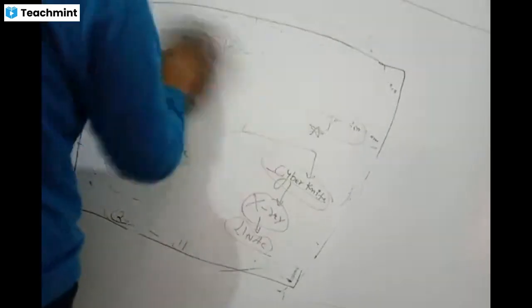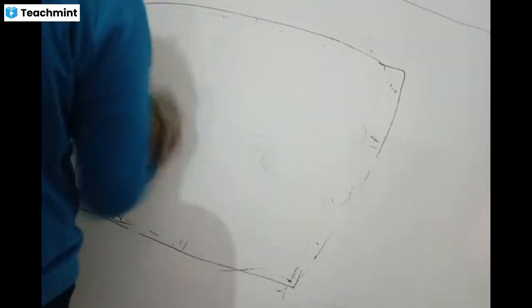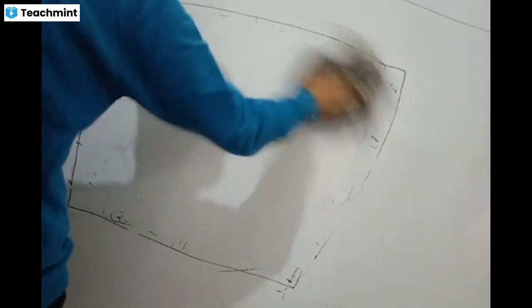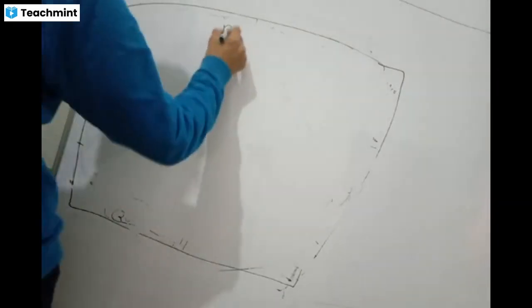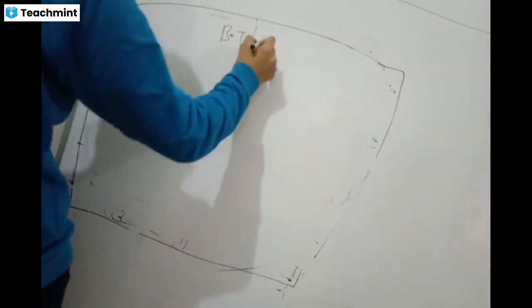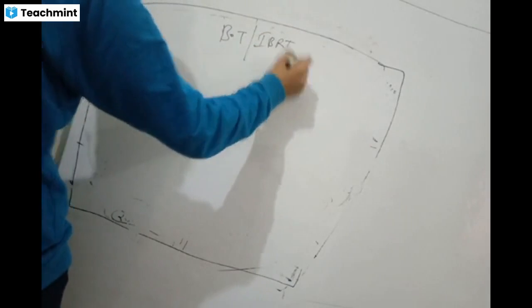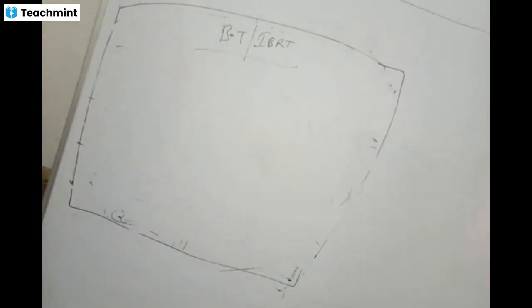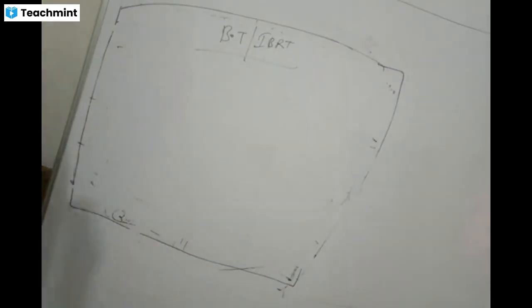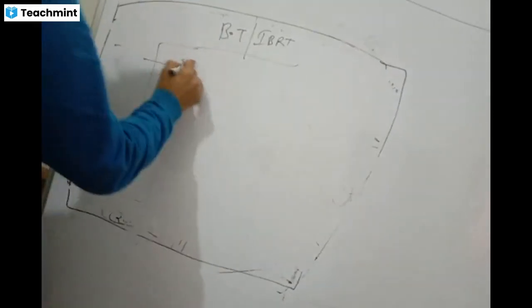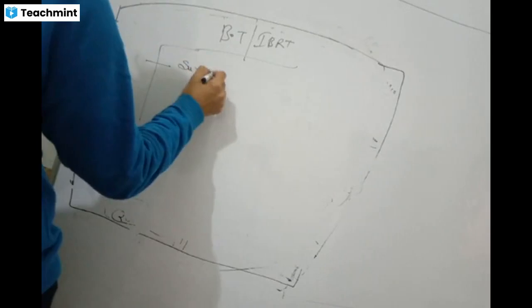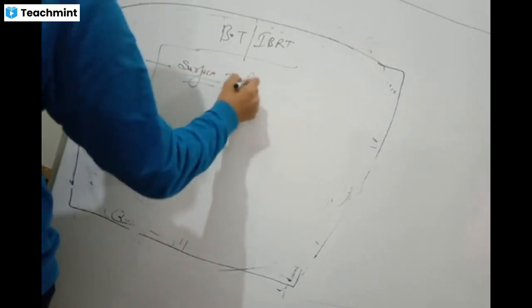So this was about teletherapy, and the next is brachytherapy, that is internal radiotherapy. In brachytherapy, we can place the source of radiation on the surface.